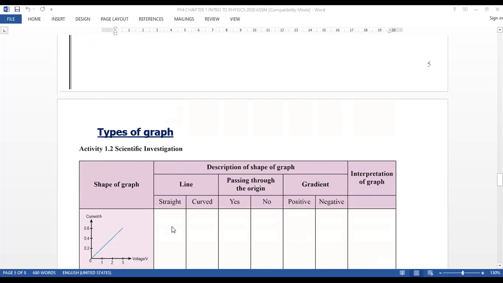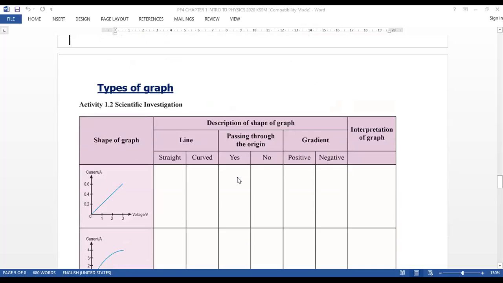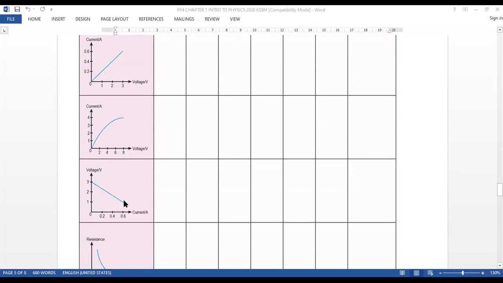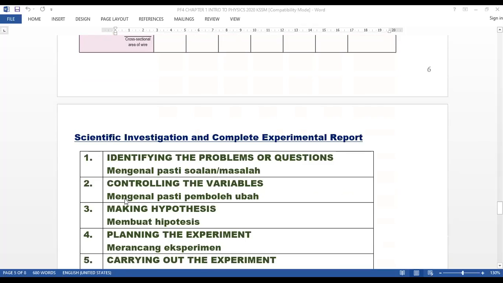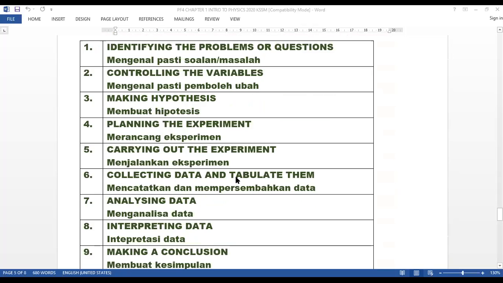So the first part of this subtopic, we have to look at graphs and how to identify graphs. The second part, we will try to understand the nature of these graphs. Then in this subtopic, we will learn about scientific investigation, which you have learned from Form 1. Basically, there will be problems. We identify a problem, then we search for the control variables, we make a hypothesis, we plan the experiment, we carry out the experiment.